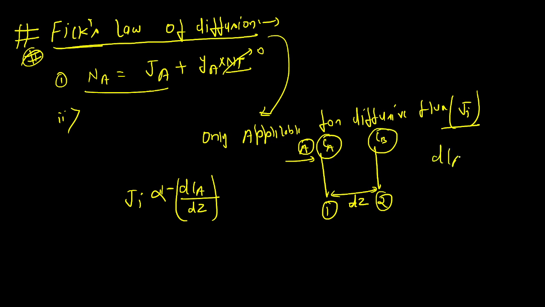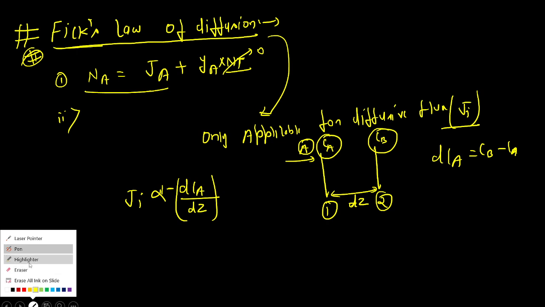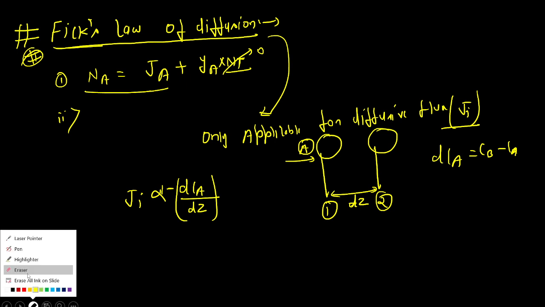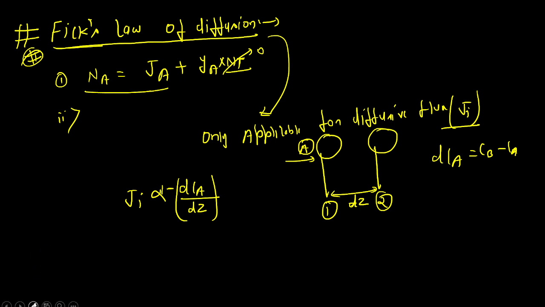So dCA will be equal to C2 minus C1. To avoid confusion, I am writing C1 and C2 as the concentration of component A at point 1 and point 2.